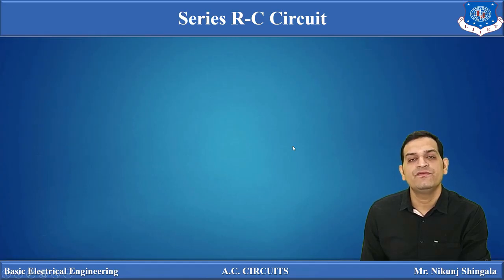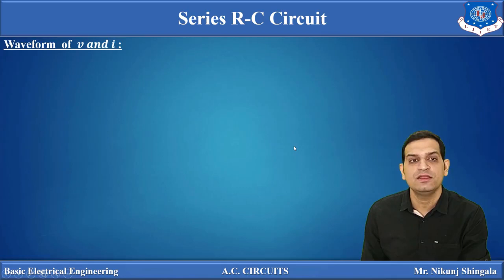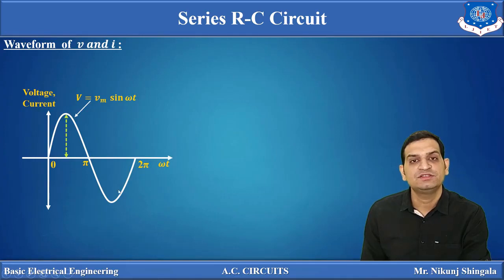Now drawing the waveform of voltage and resulting current from the expressions of voltage and current. The expression for voltage for the series RC circuit is Vm sin omega t and that of current is Im sin (omega t plus phi). So here V is starting from the origin, as there is no phase angle in the expression of V. So this is nothing but Vm sin omega t.